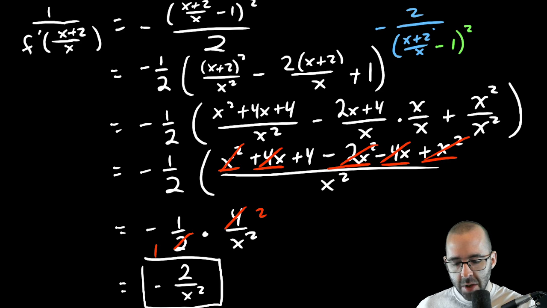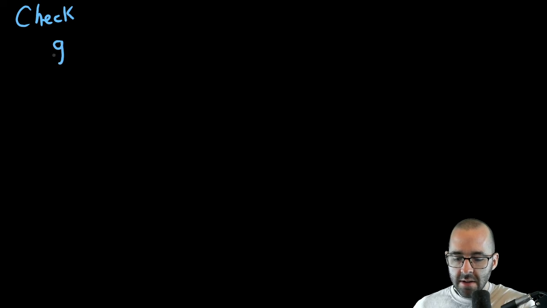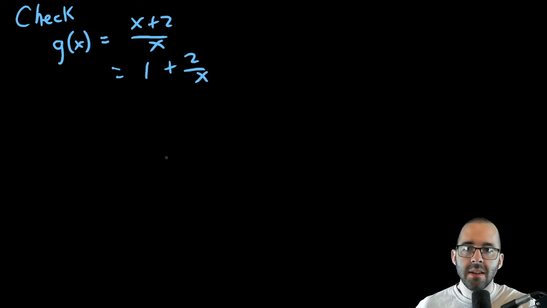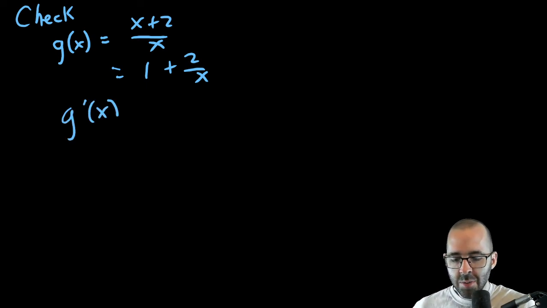Let's real quick take a moment and compare our answer. This is also a good way to check our answer, right? g of x equals (x plus 2) over x. Well, we can also write that as 1 plus 2 over x. Right? If there's addition in the numerator, you can split it up, and x over x is 1. g prime of x, y'all are going to be so angry with me. 2 over x, right?